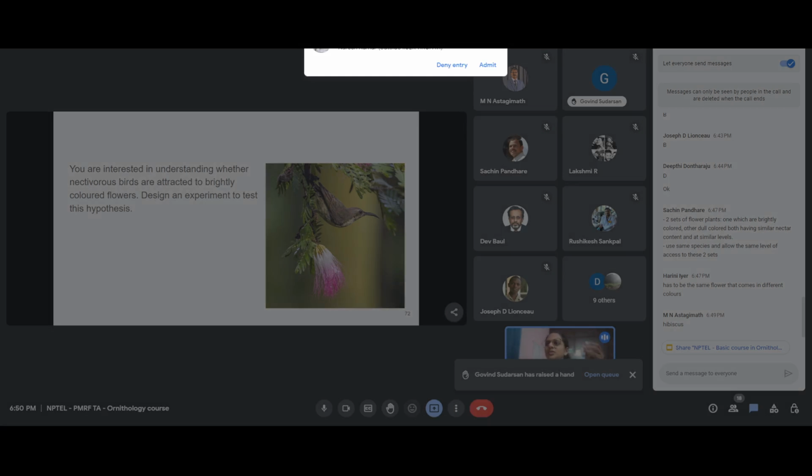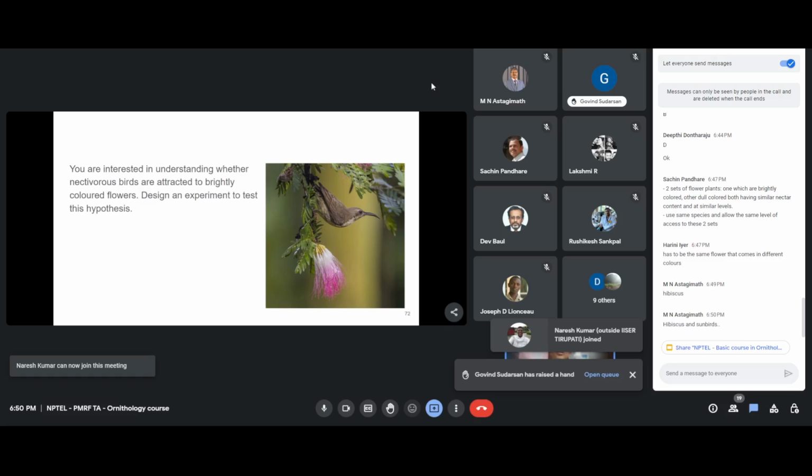Maybe it is a nectar feeder that already exists, but now you have these plastic flowers present below it, with the same content of nectar and different colors, right? So you can easily measure. Yes, Govind, that was exactly going to be my point. That was basically my experiment, ma'am. I guess I didn't explain it well.